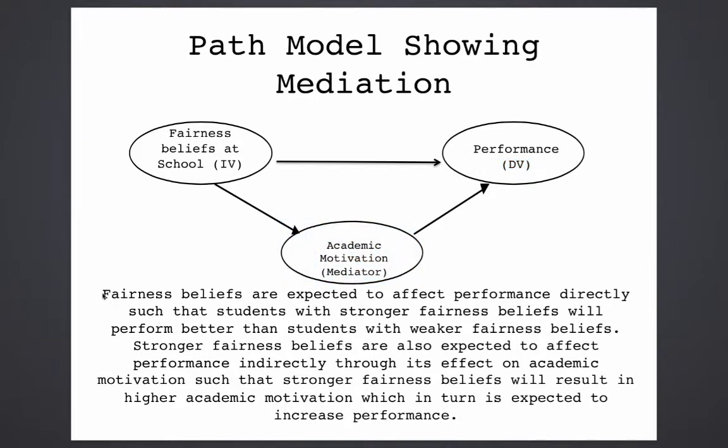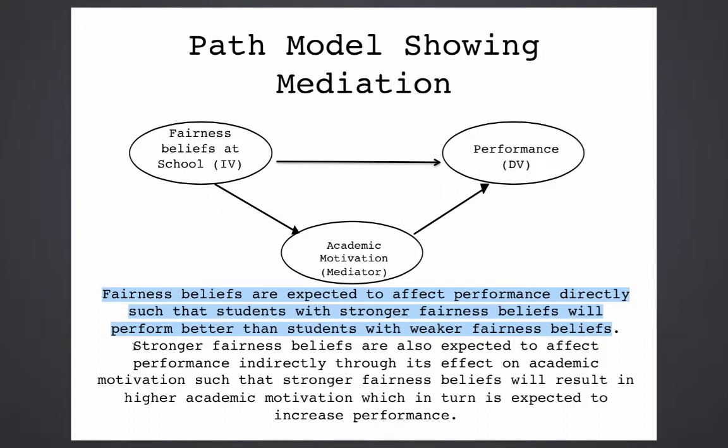So how do you say this in a hypothesis? Like I said, it gets a lot more wordy, but again, it's very clear and specific about what's at play. Fairness beliefs are expected to affect performance directly, such that students with stronger fairness beliefs will perform better than students with weaker fairness beliefs. That first sentence is the direct relationship.